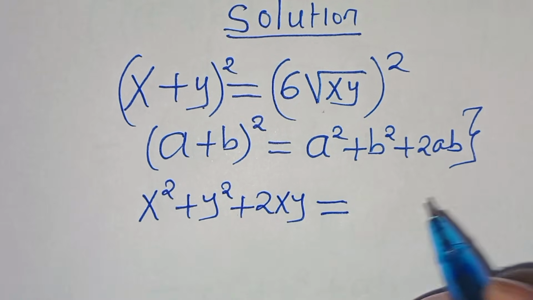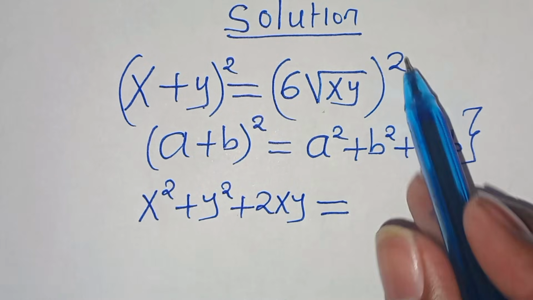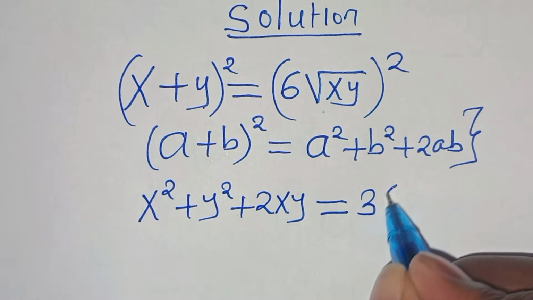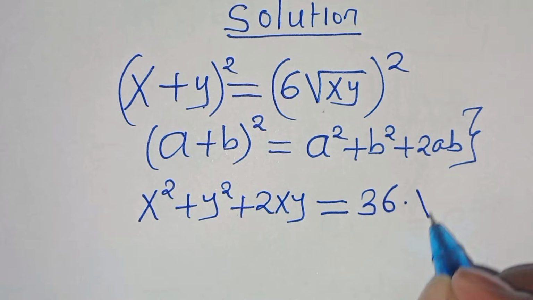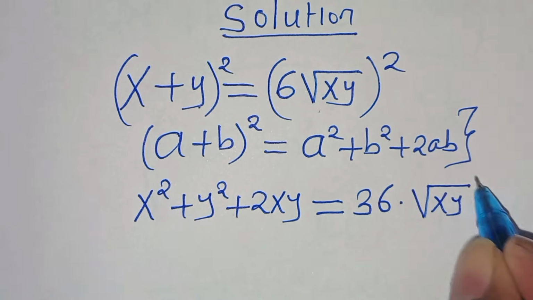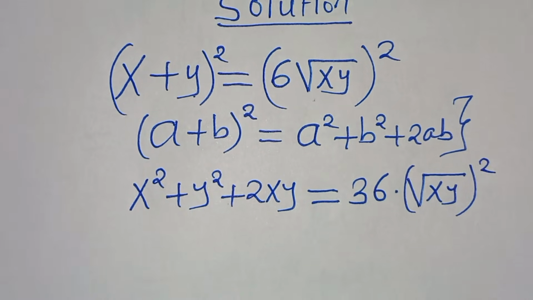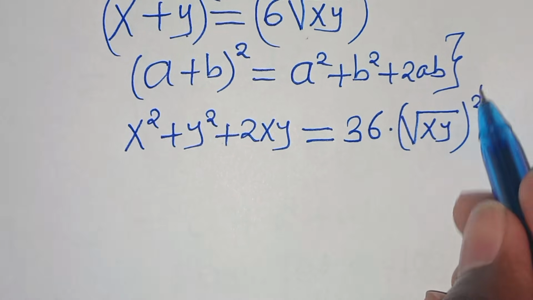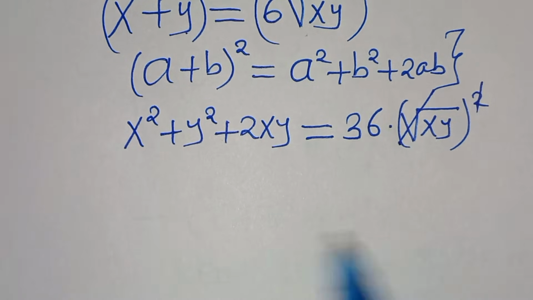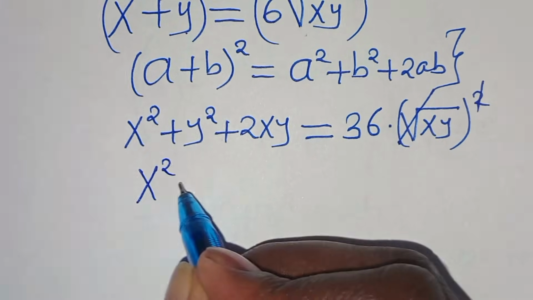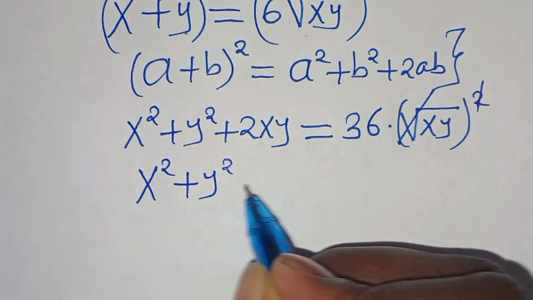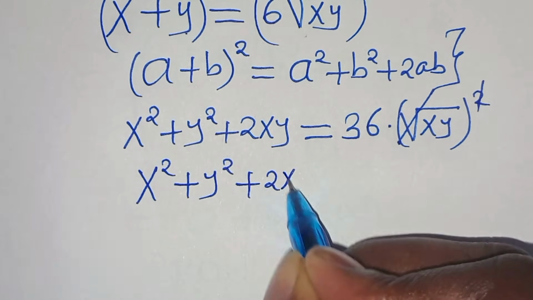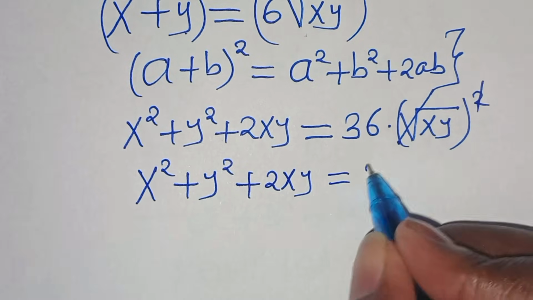This is equal to 6 squared, which is 36, multiplied by the square root of xy raised to the power of 2. Now, here we can eliminate the square root sign, so that now we have x squared plus y squared plus 2xy equal to 36xy.